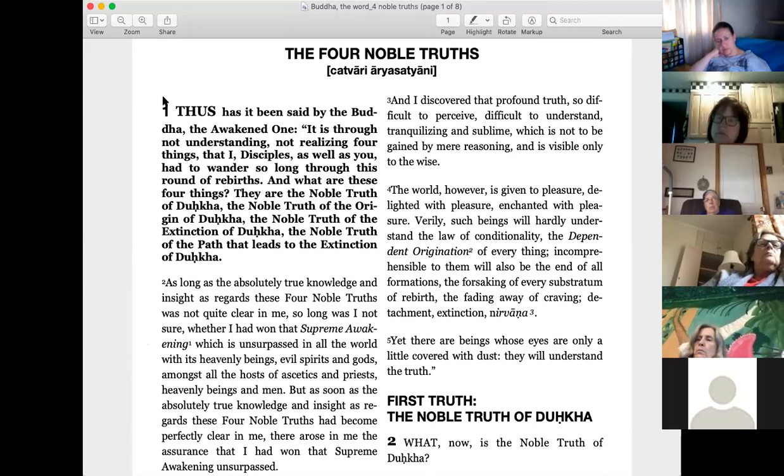And there are Buddhas that are known for different qualities. The Buddha Siddhartha Gautama that lived on our earth had this unique ability to teach.